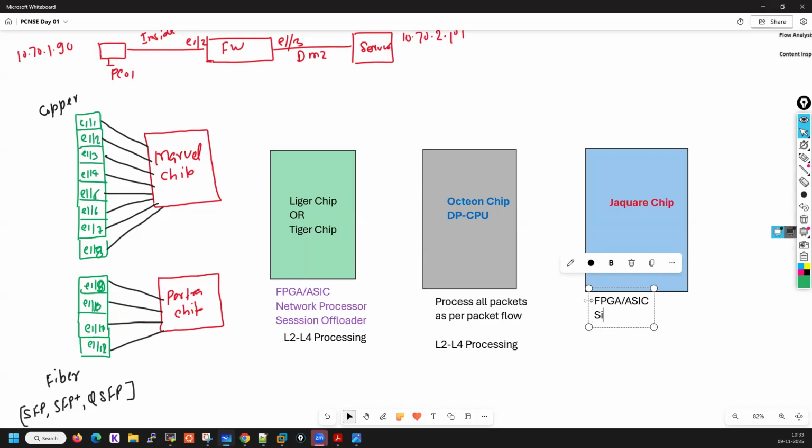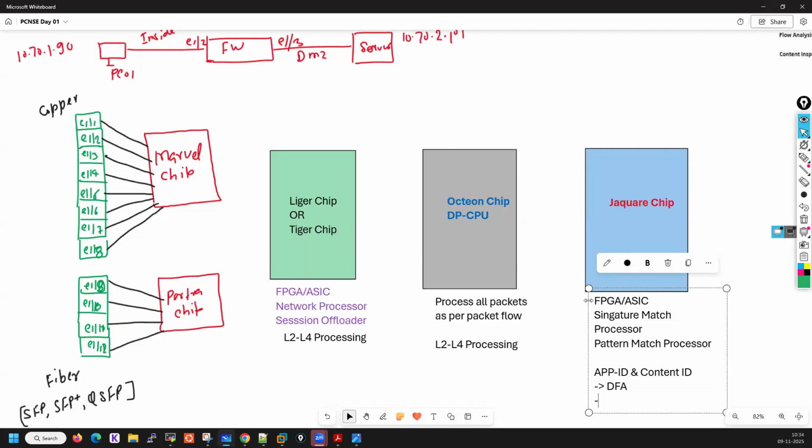This processor is also known as the signature match processor, or pattern match processor. It is responsible for App-ID and Content-ID. In this processor we have three things: one algorithm called DFA, another called AHO, and one more algorithm called PSCAN.